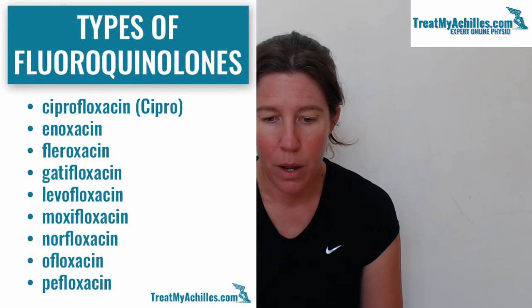Excellent. So moving on from that, why do fluoroquinolones produce problems in your tendon? Well, the short answer is they mess with the collagen turnover of your tendons. Collagen is the main building block of tendons, and during normal life, we're forever replacing old or injured cells with new cells.